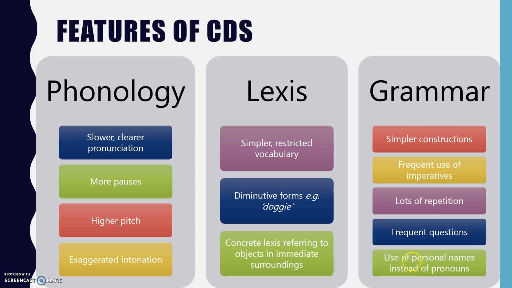So essentially, the CDS here is attempting to imitate the child's language in order to make it relevant to them, something they're going to understand before they go on to something way more complex and confusing. It's all about keeping it simple and understandable to the child, because you don't want to overwhelm them with loads of things.